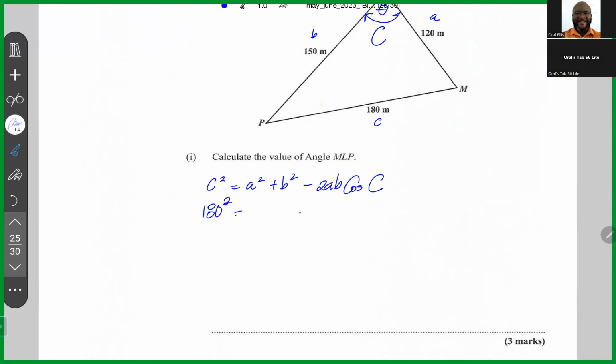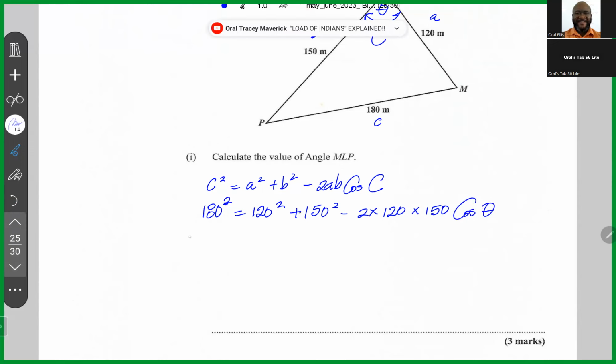degrees, 180 squared is equal to 120 squared plus 150 squared minus 2 times 120 times 150, the cosine of the angle that we don't know, which is theta.